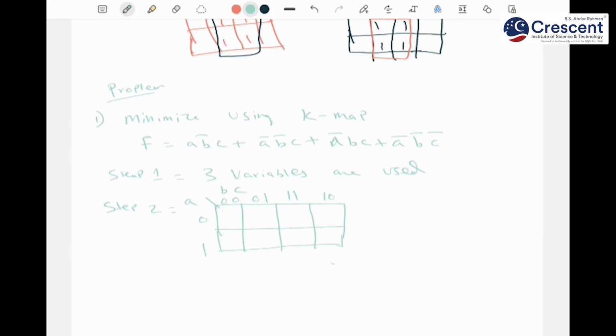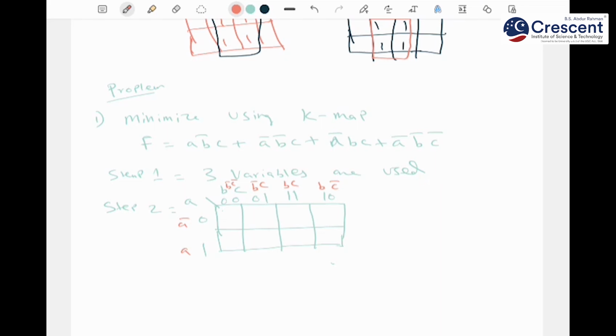Now you have to identify the rows and columns. So this will be a bar, a, and the columns will be b bar c bar, b bar c, b c, b c bar.